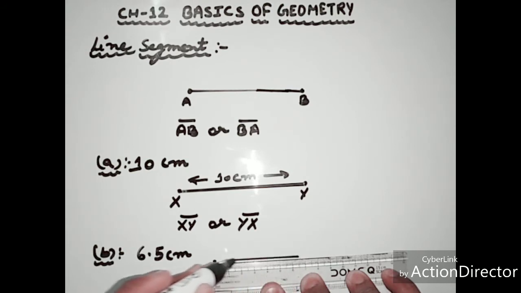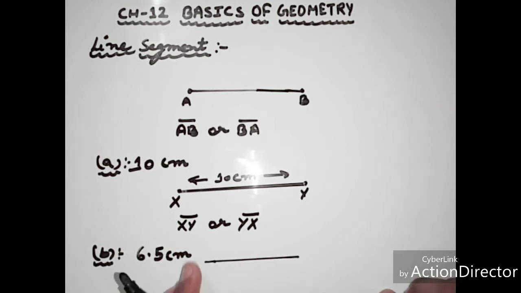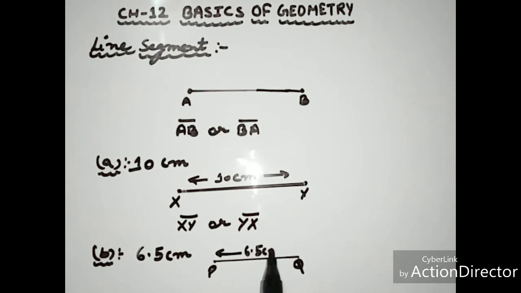And now we join these 2 points and give the names P, Q. The total length of the line segment is 6.5 centimeter, and we write the name as PQ line segment or QP line segment.